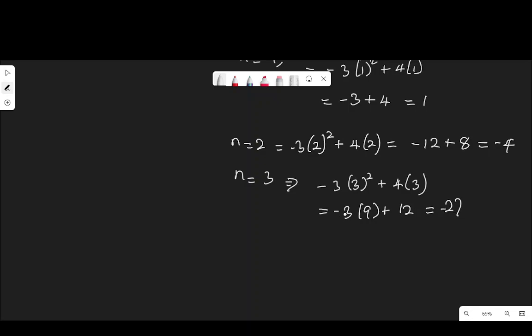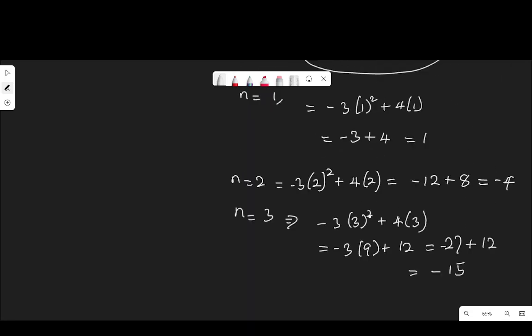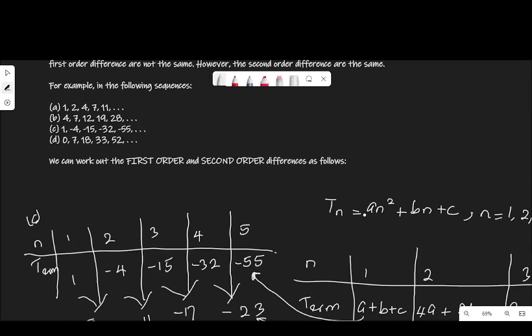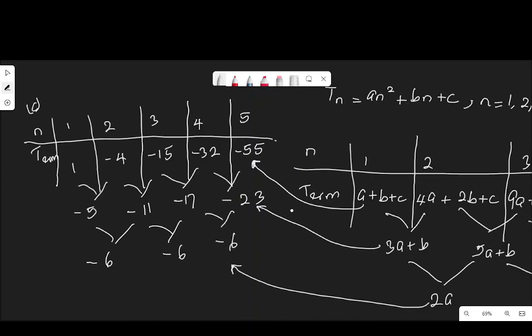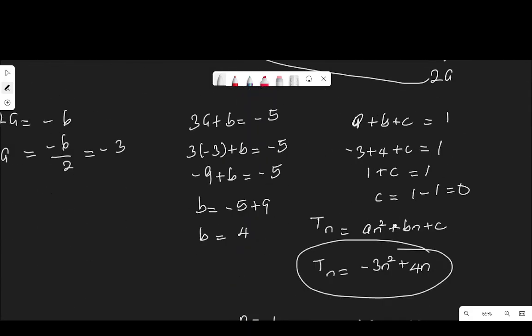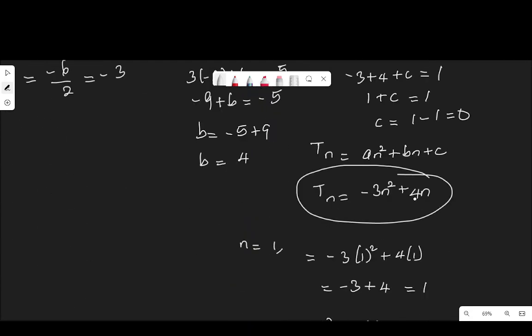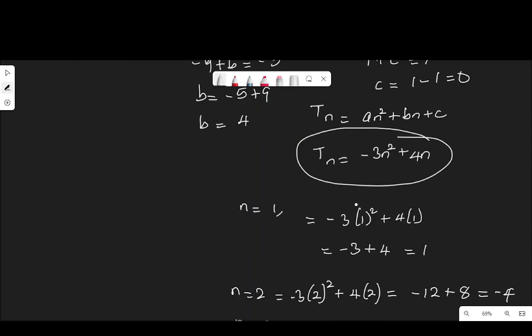That's minus 27 there, plus 12. Of course, that gives us minus 15. Does it agree with that? Minus 15, yes, that is the term. That means the formula Tn equal to minus 3n squared plus 4n is correct for that sequence.